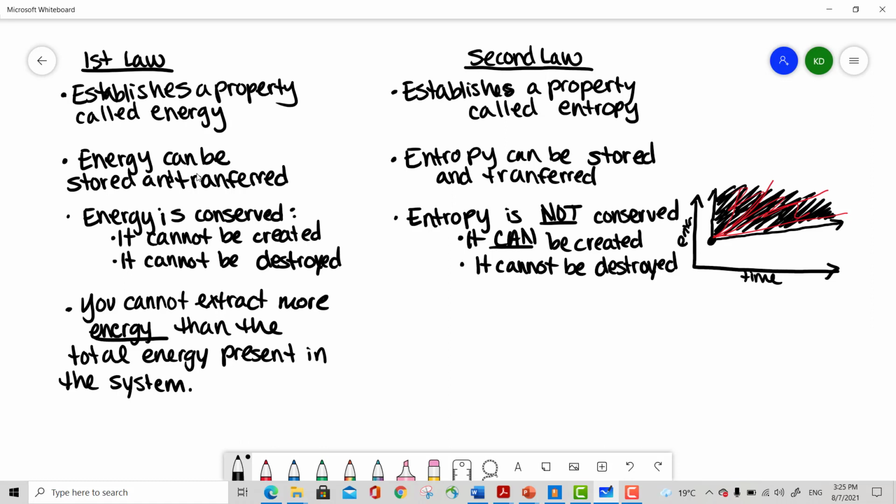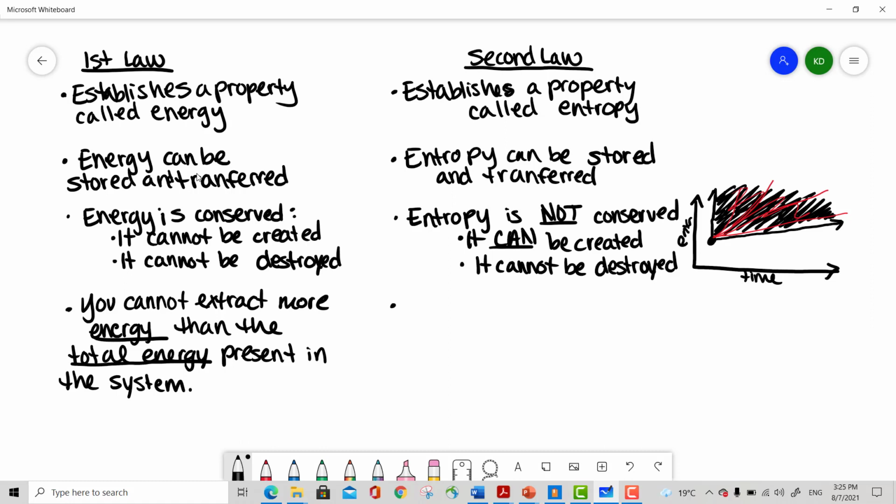So that makes sense. Energy is conserved. It cannot be created or destroyed. So therefore, there's no way that you can extract more energy than the total energy present in the system, because then that would mean that you would have needed to create more energy.